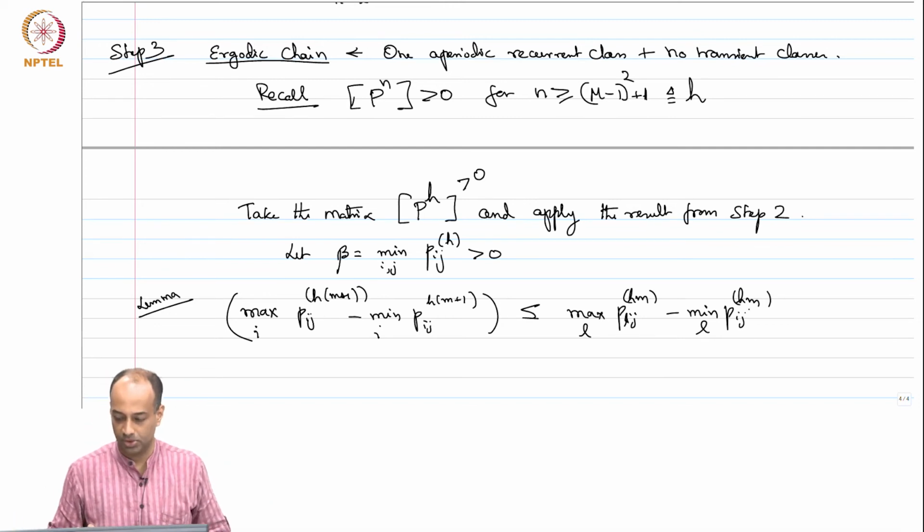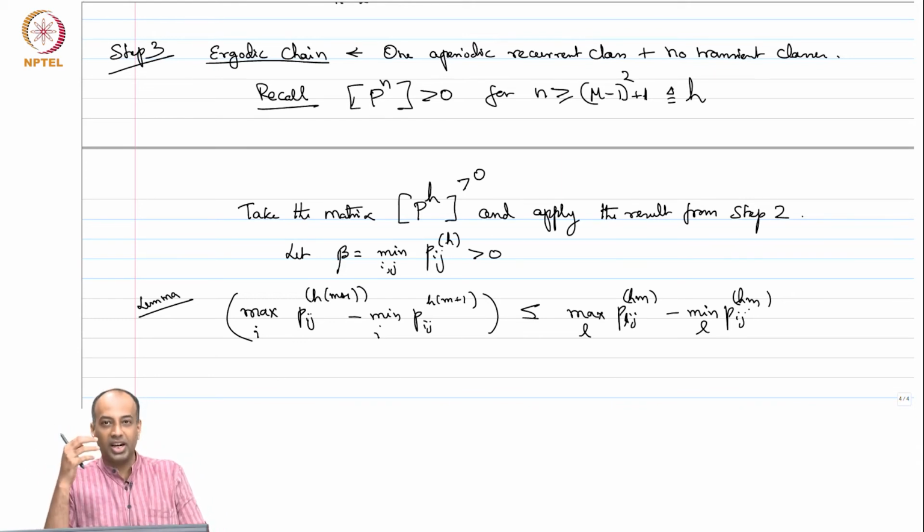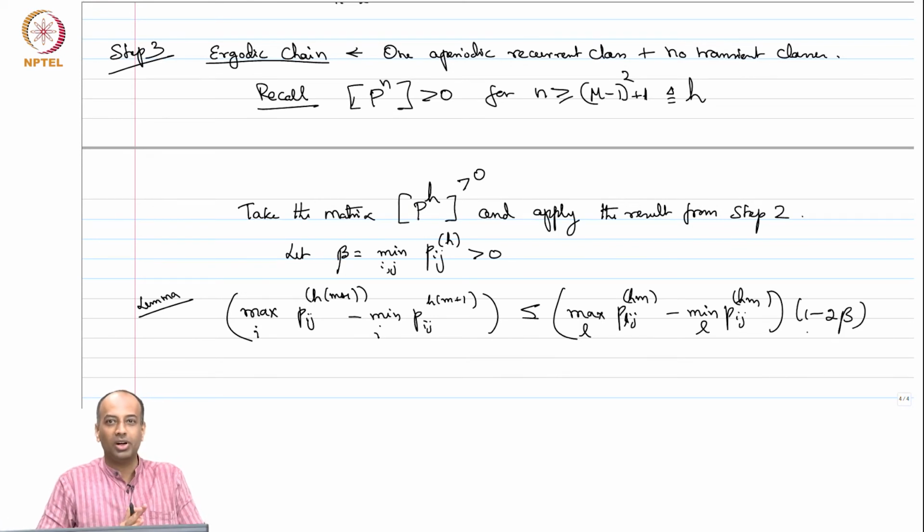Okay, so we are just pretending that the Pij^h are all strictly positive. So we are looking at the matrix P to the h and applying the same result. So this times 1 minus 2 beta. This is exactly what we know from step 2, right? We are applying the step 2 lemma, right?